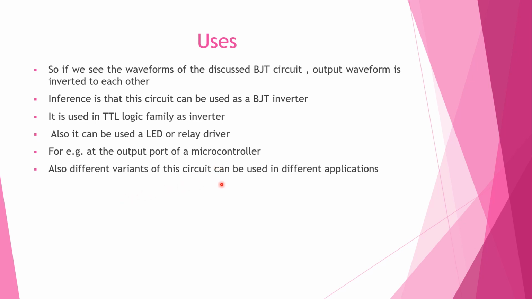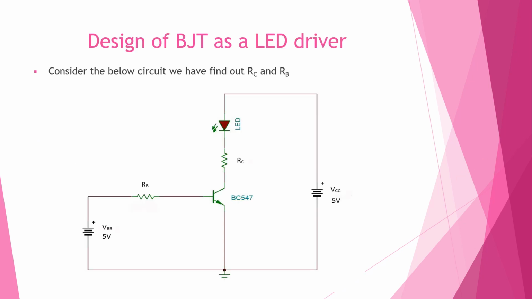And also different variants of the circuit can be used in different applications. We will also be discussing that. So this is the design of BJT as an LED driver. As I already told you, the LED can be connected here, and here this can be a port of a microcontroller which gives 5 volt, but it cannot source that much current. Suppose the LED takes a 5 milliampere current.